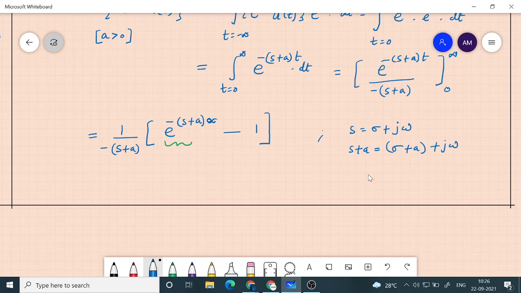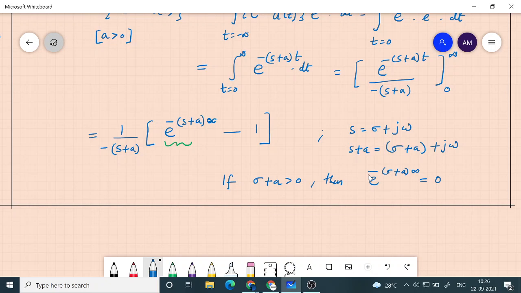Now, if sigma plus a is positive, then because of this minus sign, I will have the first term equal to 0. If sigma plus a is greater than 0, then e raised to minus sigma plus a into infinity will be 0.